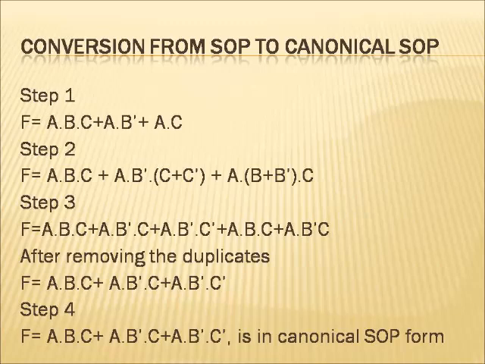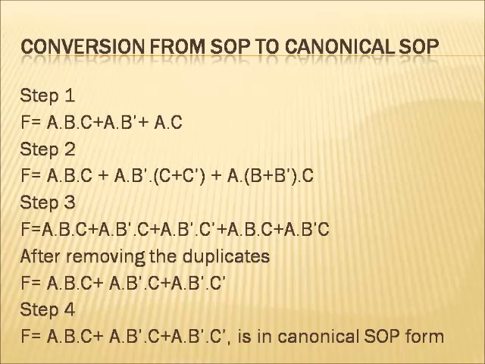So A.B'.1 can be replaced with A.B'.(C + C'). Now the third term, where B is missing, that is A.C. So we can perform the AND operation with B, that is A.(B + B').C.